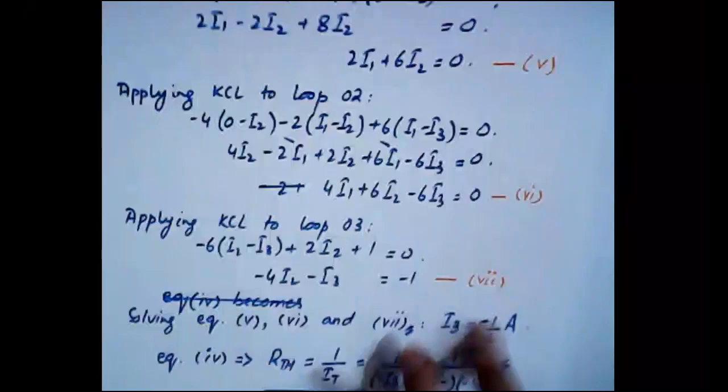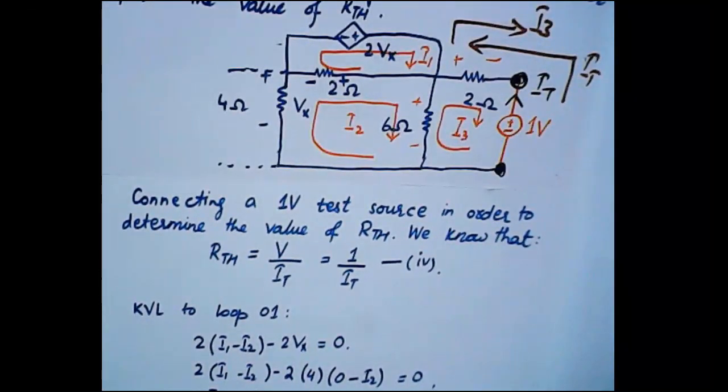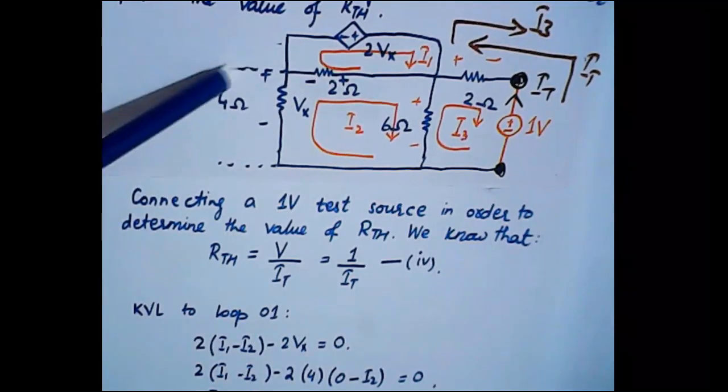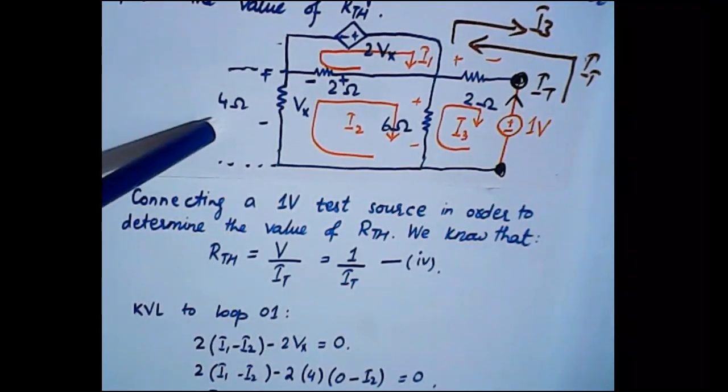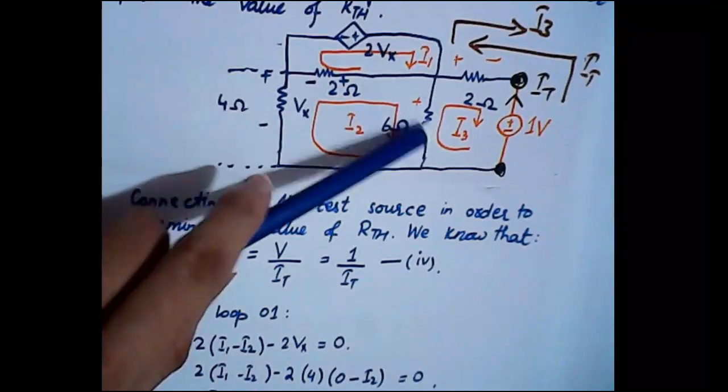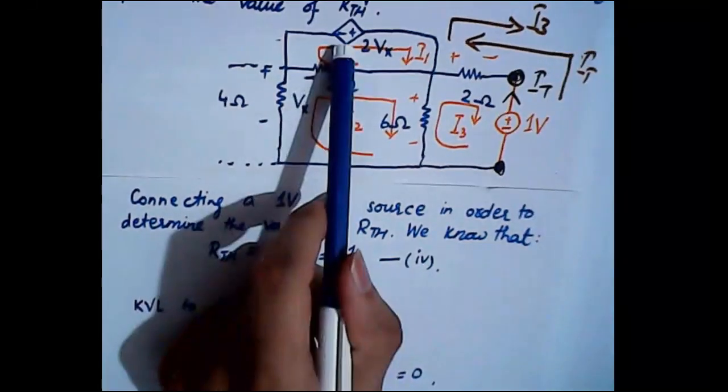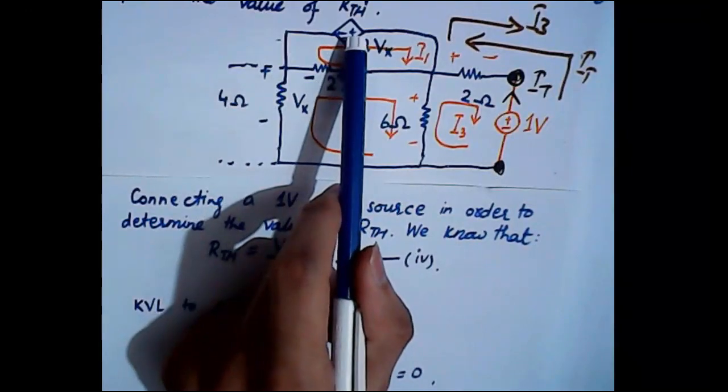So let's have a quick revision of what we have done while calculating the Thevenin resistance here. This is our main circuit. We turned off the voltage source, and then we formed 3 loops here. Why? Because we observed that there is a dependent source present here and we cannot turn it off.